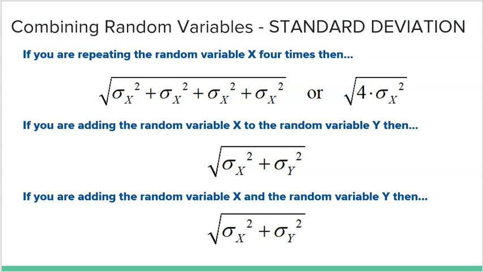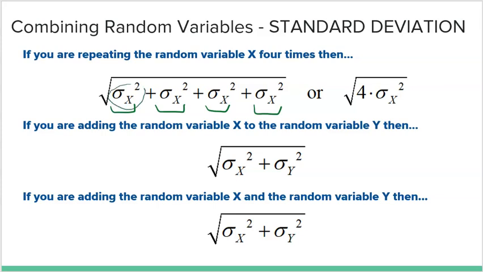So here are the rules. If you're going to repeat a random variable 4 times, what you have to do is take the variance, which is the standard deviation squared, plus the variance, plus the variance, plus the variance. So you have to add up all that variance, because remember, when you square standard deviation, you have variance.